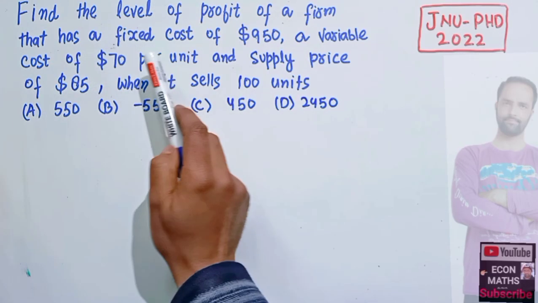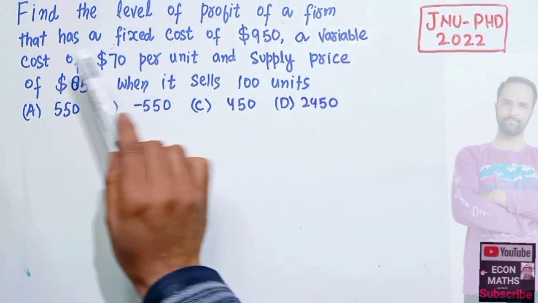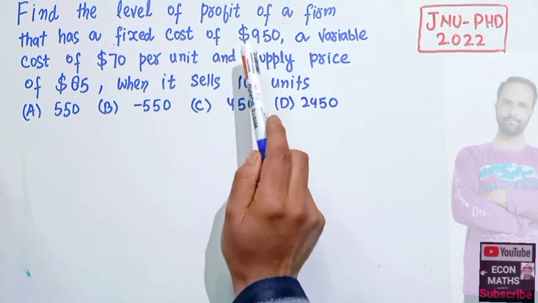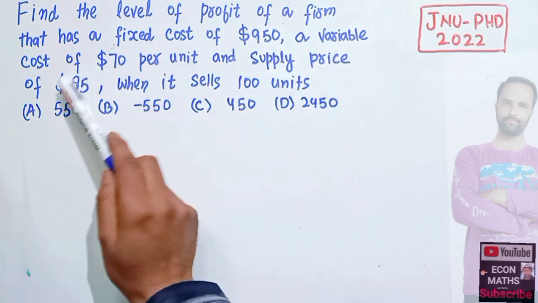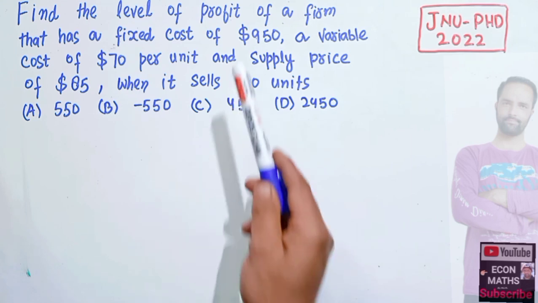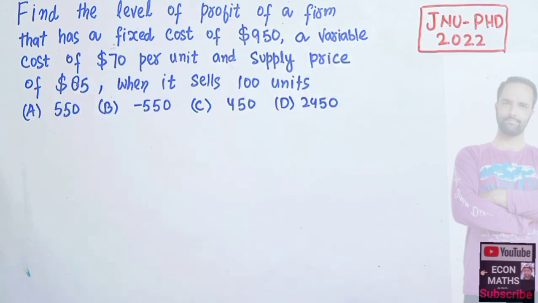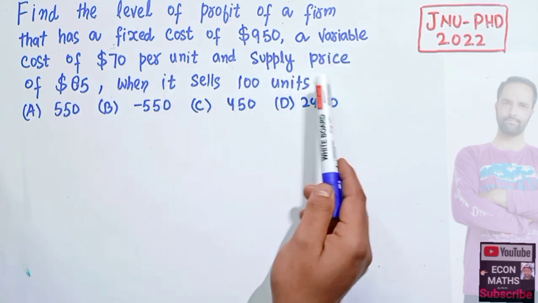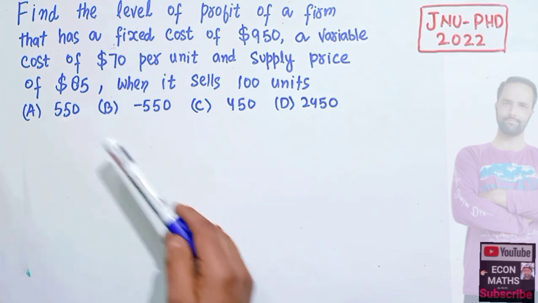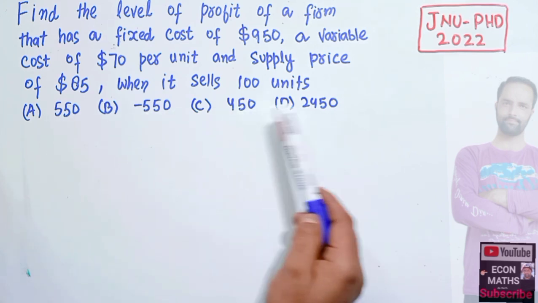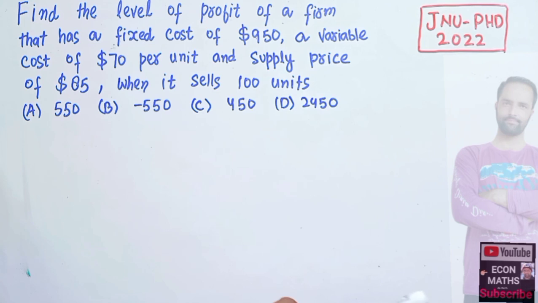The question is to find the level of profit for a firm that has a fixed cost of $950, a variable cost of $70 per unit, and a supply price of $85 when it sells 100 units. The options are given as 550, negative 550, 450, or 2450. So what are we being given here?